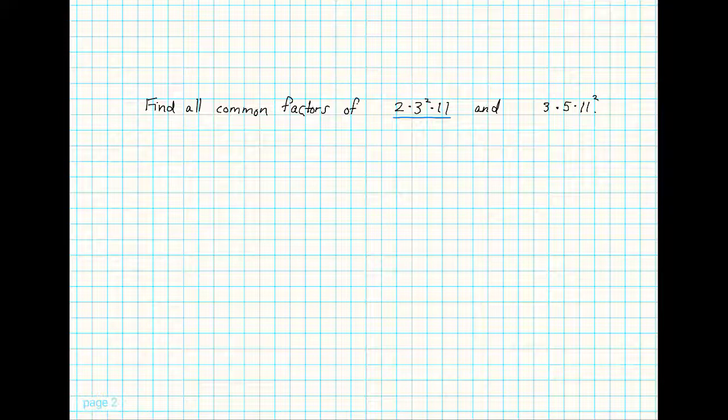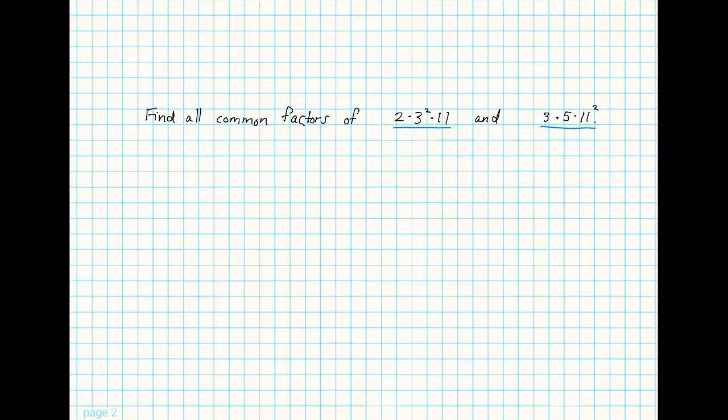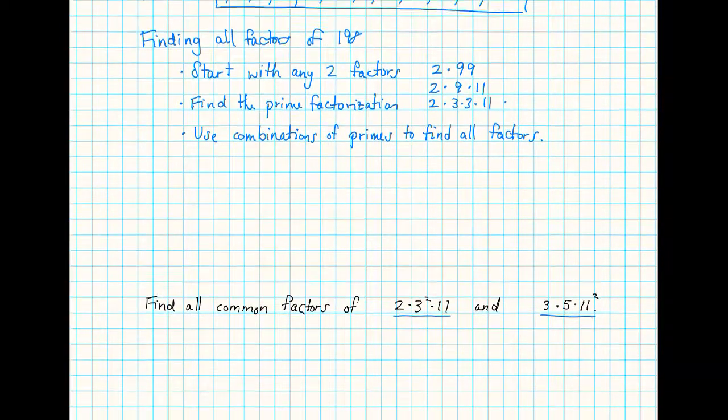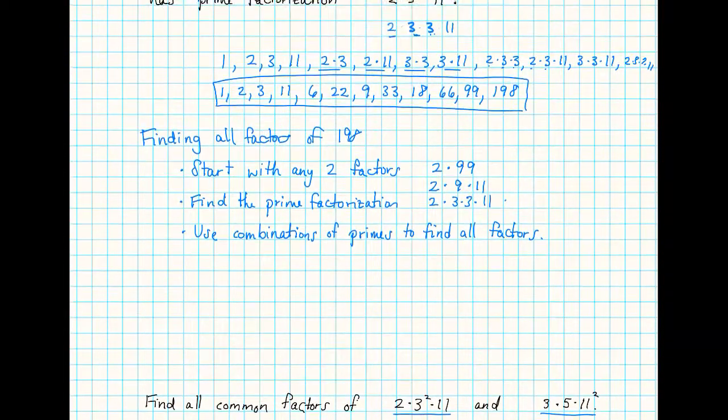I don't know what it is, but I don't really care because I have the prime factorization, which tells me what it's made of. So again, the prime factorization tells you all of the factors. Any factor of a number is made up of some combination of its prime factors.